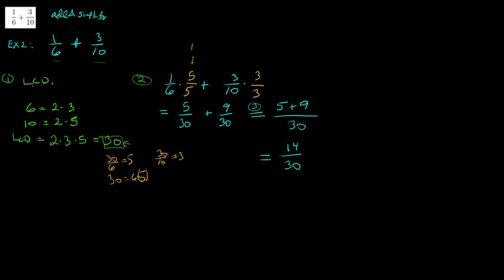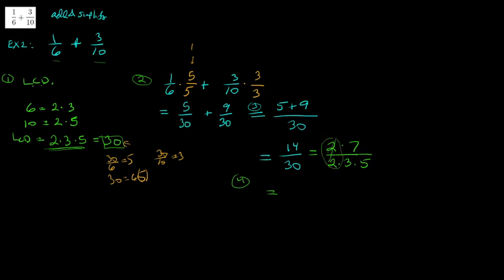We have to go one step further. So step 4, reduce this to its lowest terms. So 14, how do you factor 14? It's just 2 times 7. 30, well, remember where 30 came from. That's 2 times 3 times 5. So notice that 2 divided by 2 is 1.